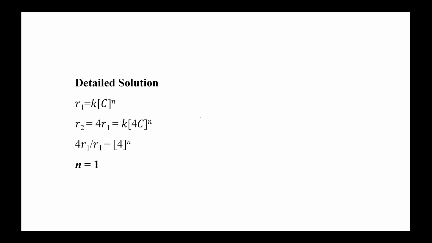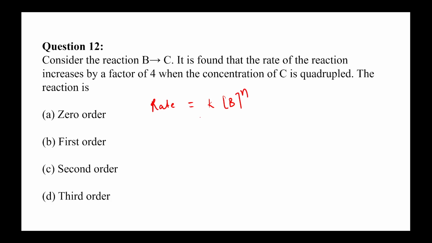So you can either write the rate in terms of the concentration of B, or you can also write it in terms of the concentration of C raised to the power of n. So this is also correct. Now what information do we have? They are saying that C is quadrupled. What do we mean by C is quadrupled? The new concentration is 4 times the initial concentration.